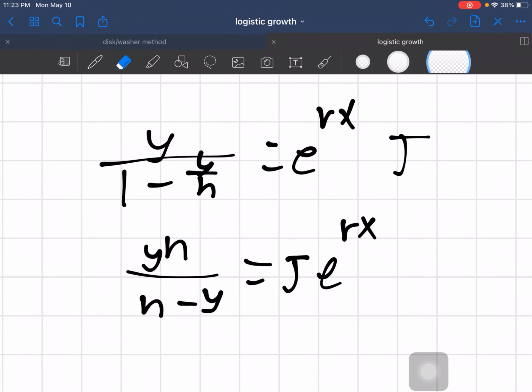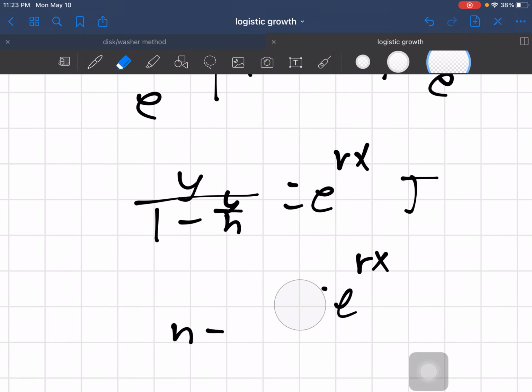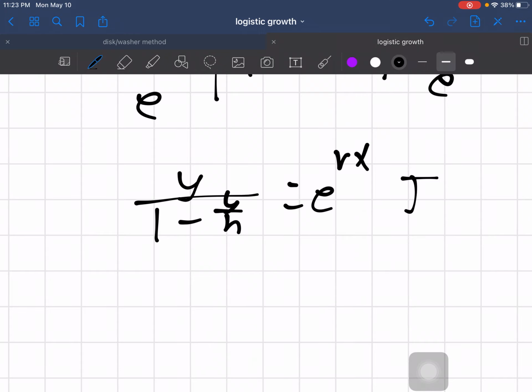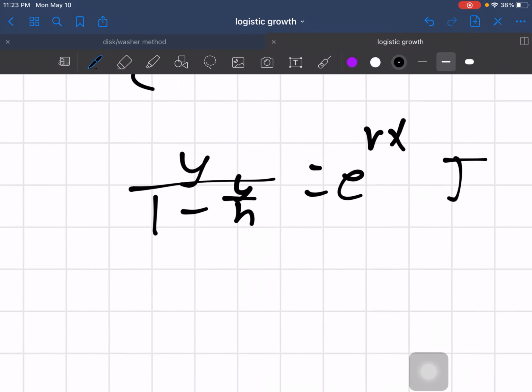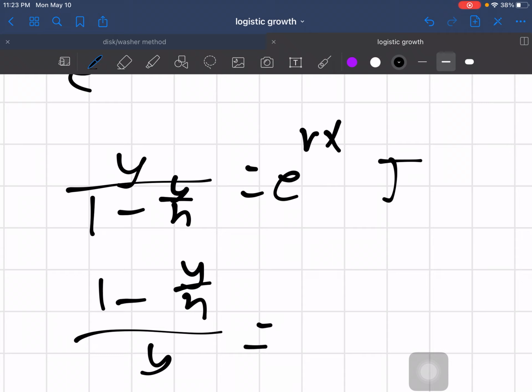Here I made it more complex, so let's reverse it. And so what we can do here is take the reciprocal for both sides, and we get (1 minus y over n) over y is equal to 1 over j, which is another constant.